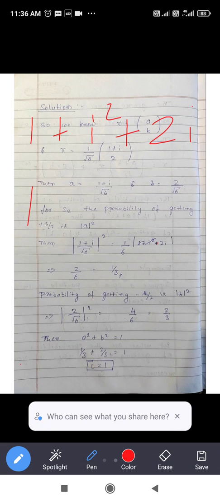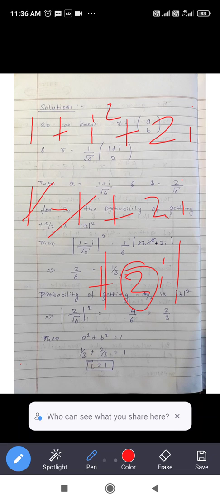Here i square is minus 1, plus 2i. Minus 1 and plus 1 get cancelled. We have 2i, mod of 2i. Here mod indicates only the real number. We take only the real number. So the real number is 2. Take 2.